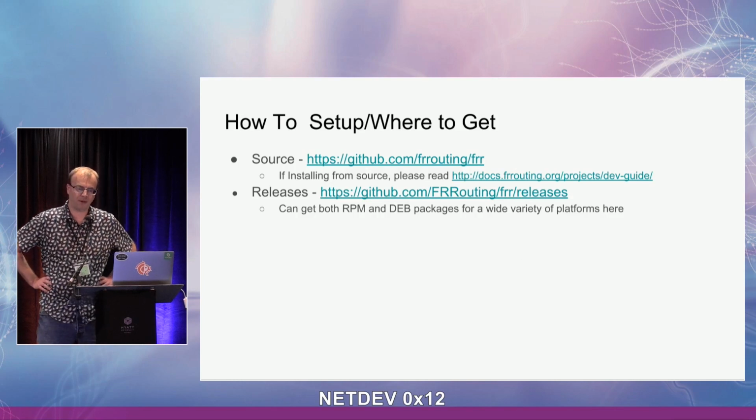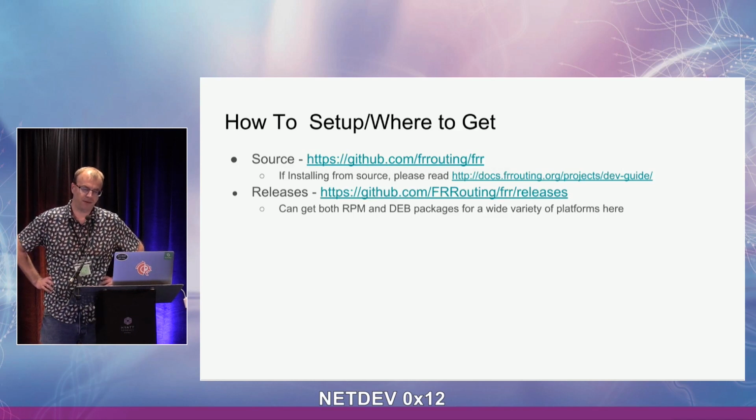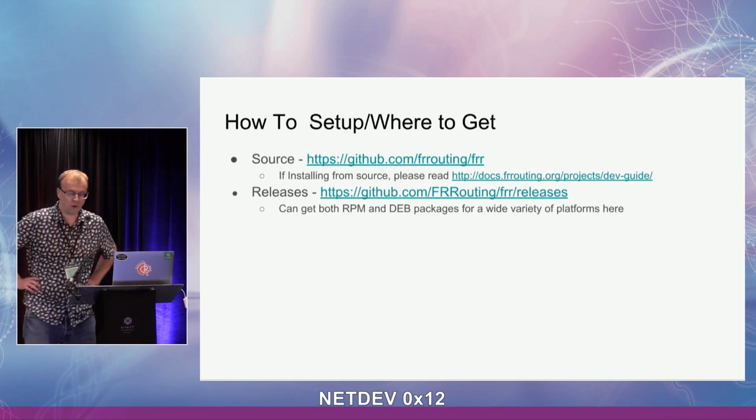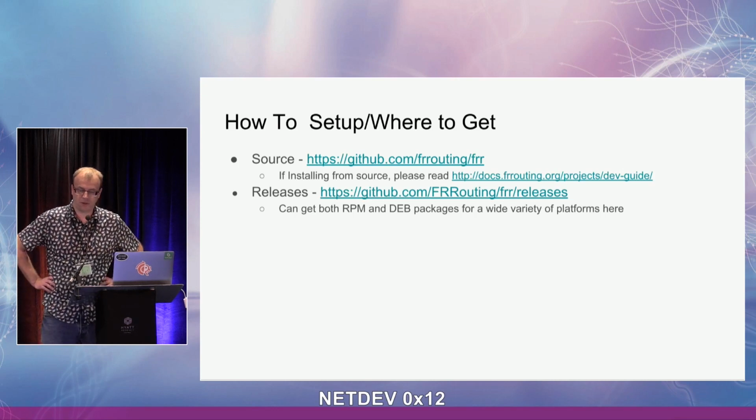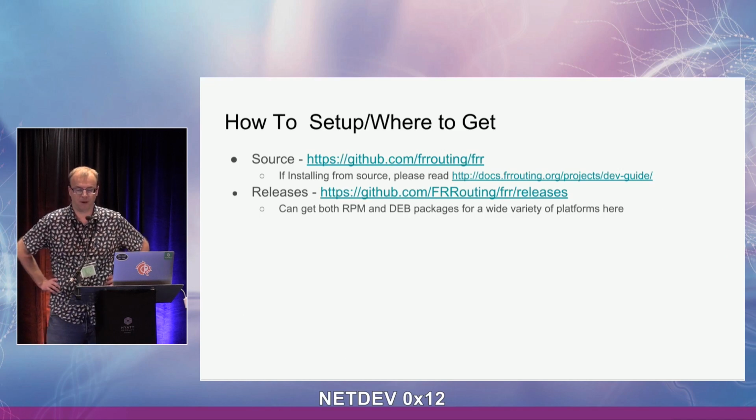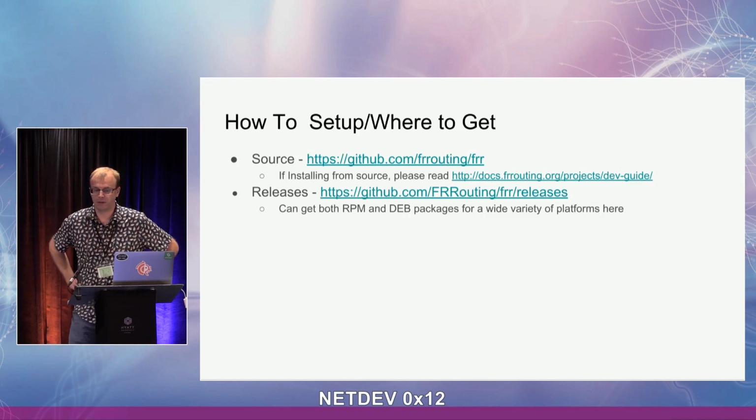So where do you get FRRouting? We actually do most of our work on GitHub. So you can go to github.com/FRRouting/frr and download the source. We spent a lot of time recently working on our documentation, so we've got a pretty good dev guide on how to build and set up FRRouting if you want to build from source.